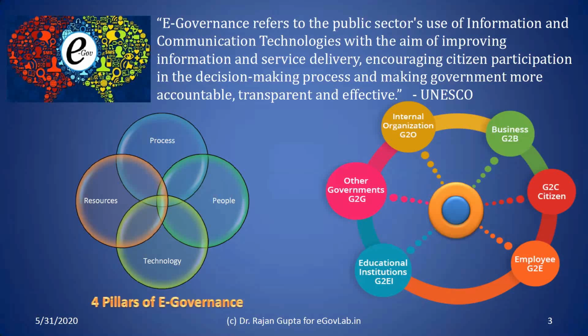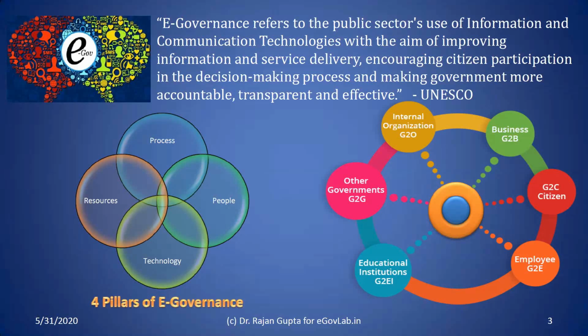Now, there are four major pillars associated with e-governance. When we talk about e-governance as a complete process, there are a lot of processes and sub-processes involved within that concept. There are a lot of people associated with this concept who are interacting with each other. There are certain entities which are interacting, and there are a lot of people involved behind those entities.